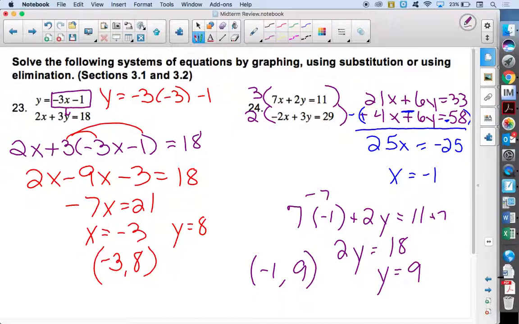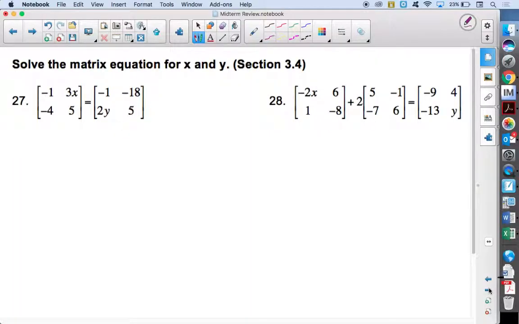So David, you said question 28? Yes? Is that what you said? So in 28 it was a matrix problem. And this one wants you to solve for x and y. The x and the y are inside the matrices. What did you think about doing first, David?